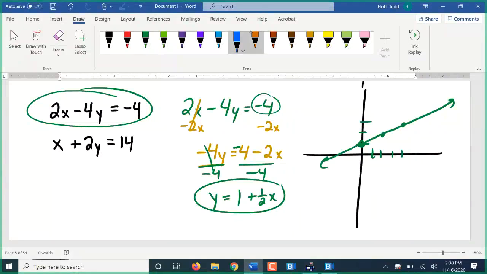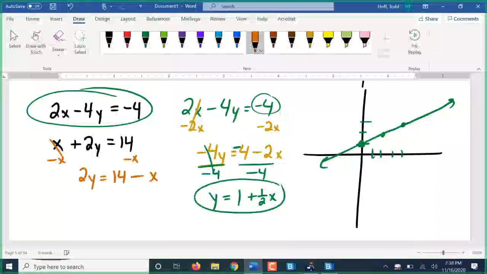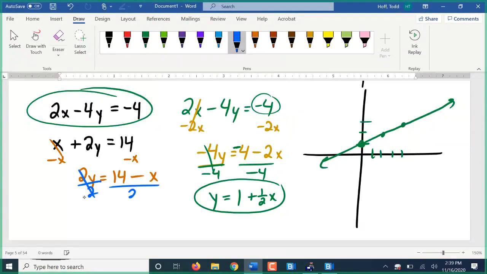Our second equation here, we're going to subtract x from both sides. So 2y equals 14 minus x. And we'll divide by 2. So 2y divided by 2, the 2's cancel out, we just have y. 14 divided by 2 is 7. We treat this as a negative 1x divided by 2 is a negative 1/2 x.